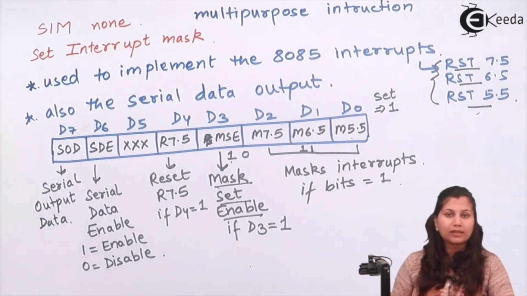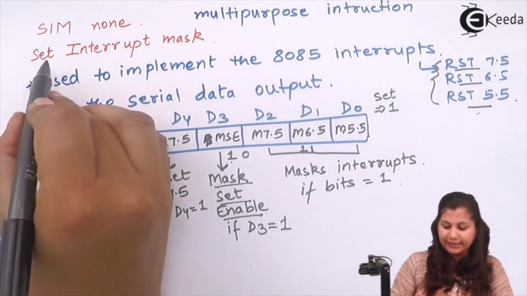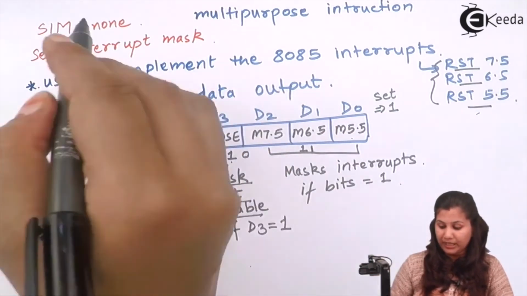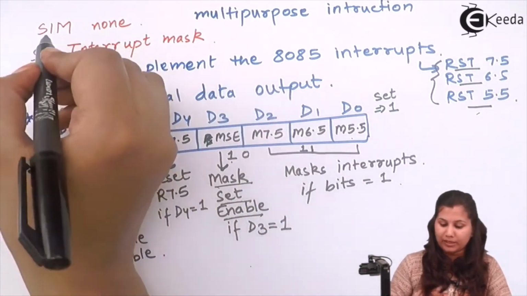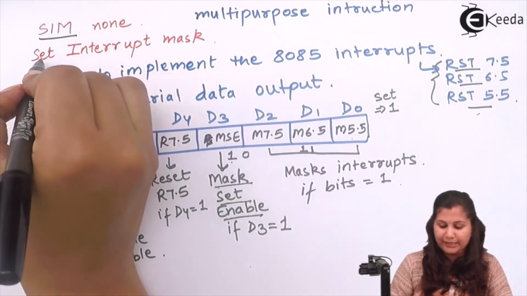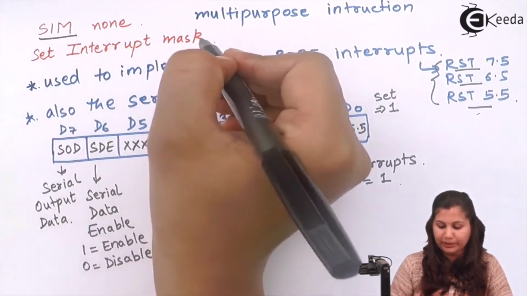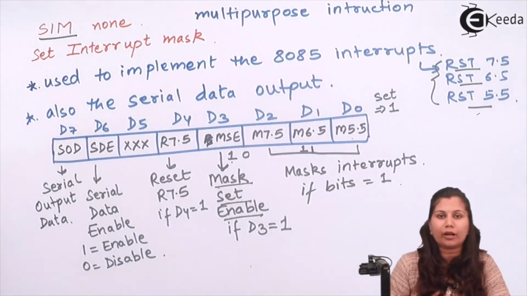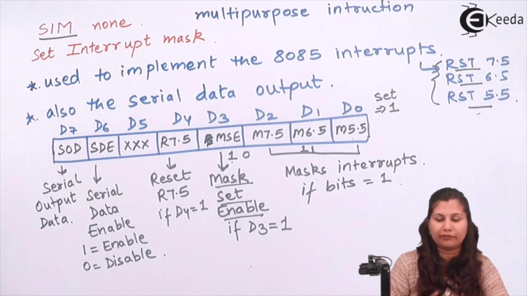So this was the SIM instruction, that is, setting the interrupt masking, because what this instruction is doing is masking the interrupts. That is why it is SIM, S for set, I for interrupt and M for mask. So read interrupt mask and set interrupt mask are used in the interrupt operation of the 8085.